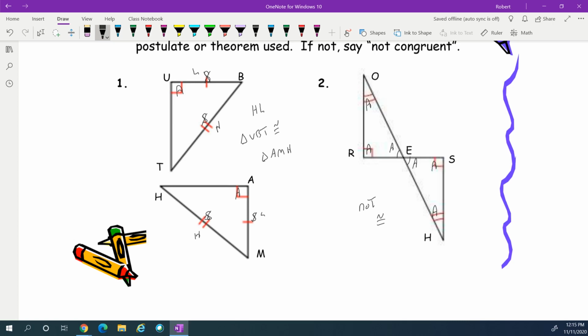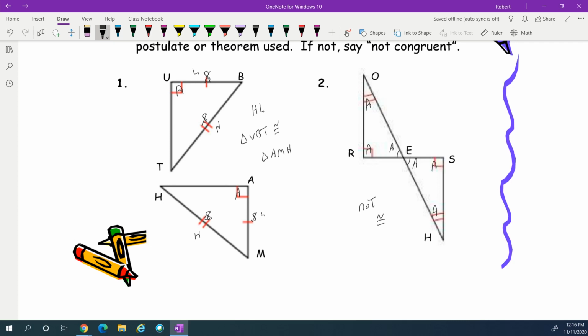Just because it's a right triangle doesn't mean it's HL. It doesn't even mean that they're congruent. We have to process what parts we're working with. So here we have 2 right triangles, but they're not congruent. We don't know anything about the size. Remember, the angles control the shape, so these shapes are identical, but the segments control the size.